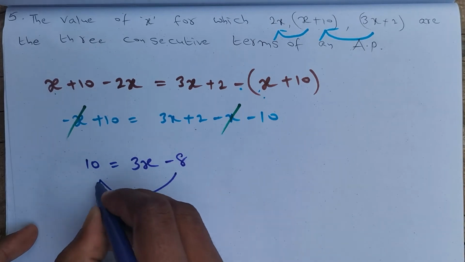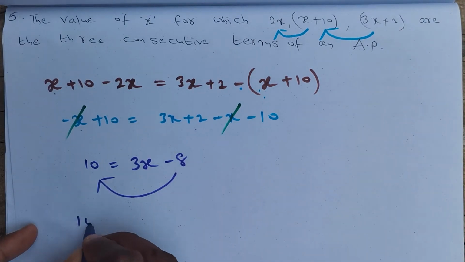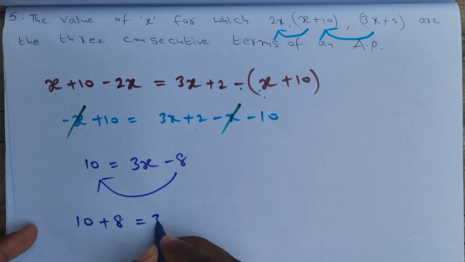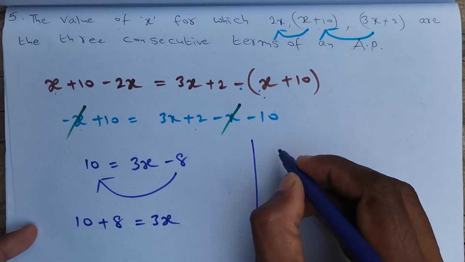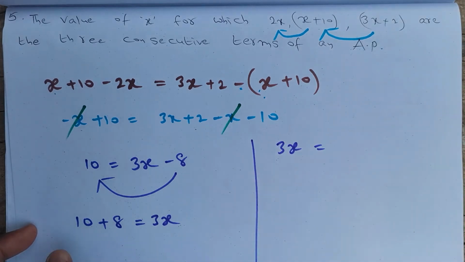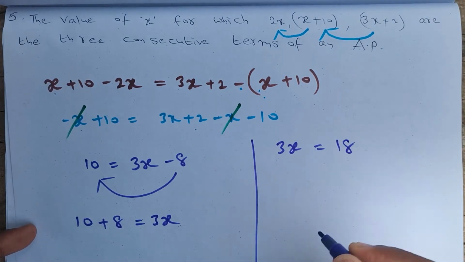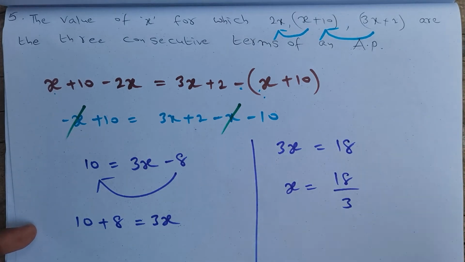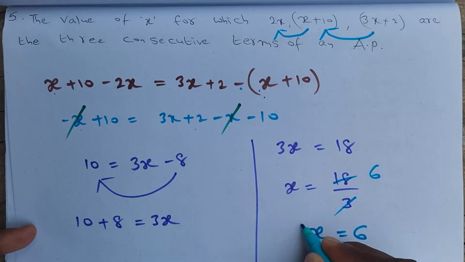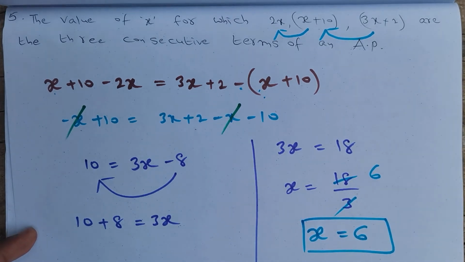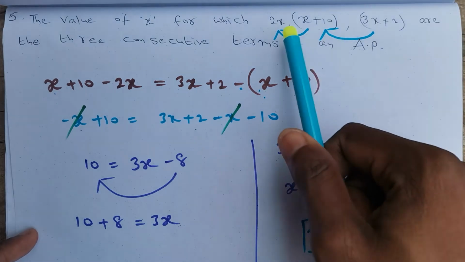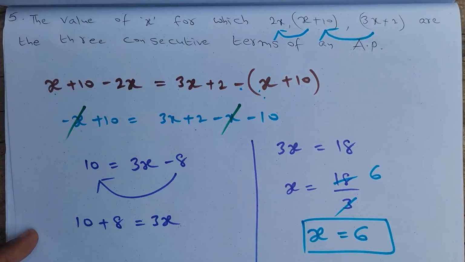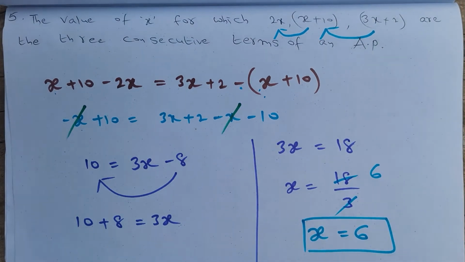I will take minus 8 to the left side, it will become plus 8. 10 plus 8 is equal to 3x. So 3x is equal to 18. Then x is equal to 18 divided by 3. If you do cancellation, 3 sixes are 18. So x is equal to 6. If the value of x is 6, then these three terms are in arithmetic progression.